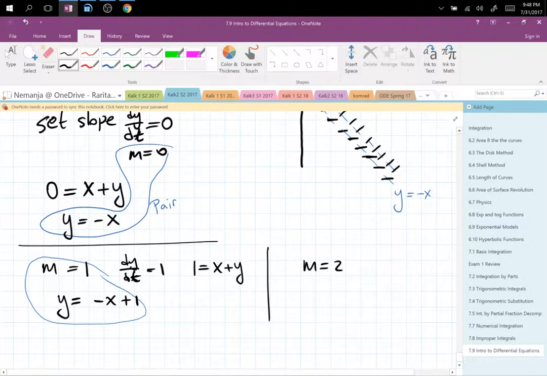So m equals 2, which means dy dt is 2, which means that 2 is equal to x plus y, which means y is equal to minus x plus 2. There we go.